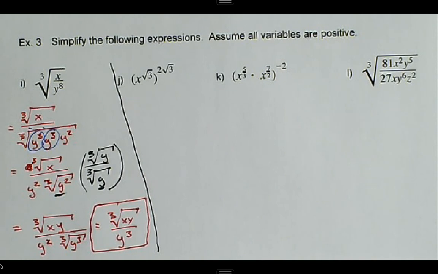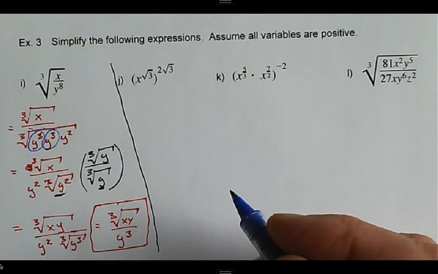The next one, we have x raised to the square root of 3, and then we have that multiplied by 2 times the square root of 3. And so what we want to do is just focus on what is happening in the exponent right now.